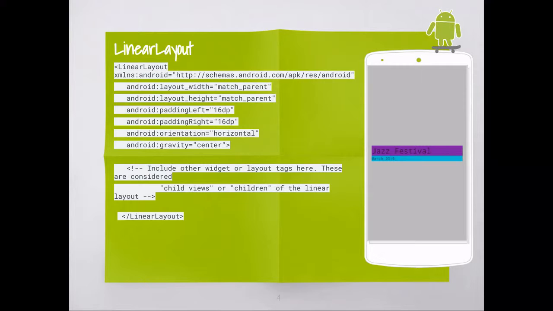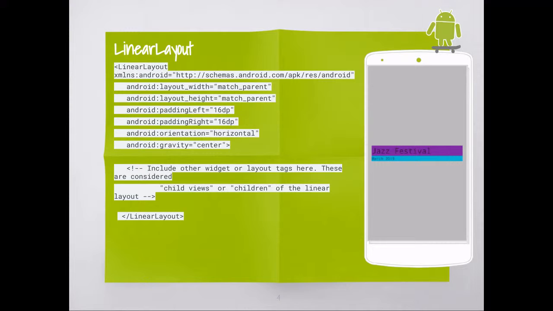You can also include any views, any children, inside your linear layout, and it will close with a closing linear layout tag. You can group the components in a vertical way or horizontal way, in a single column or in a single row, as we were saying before.